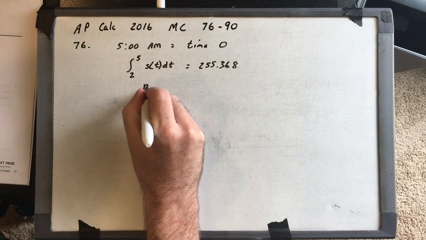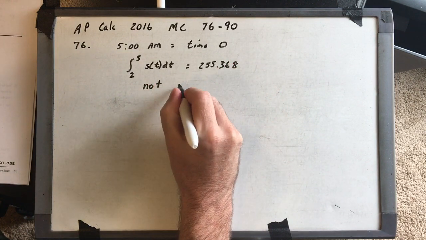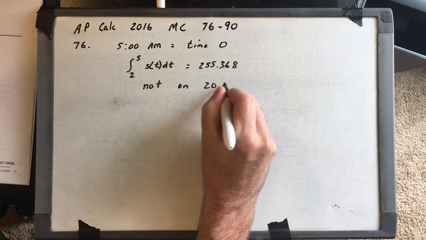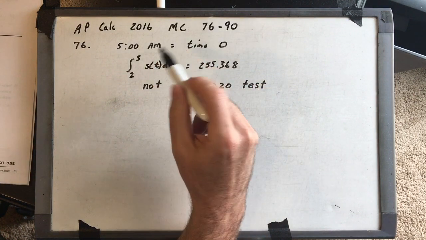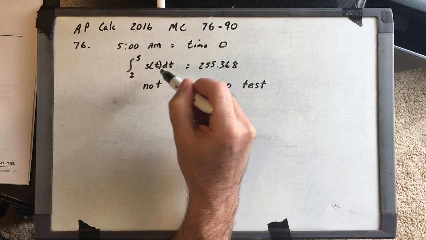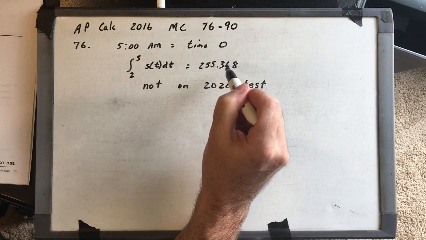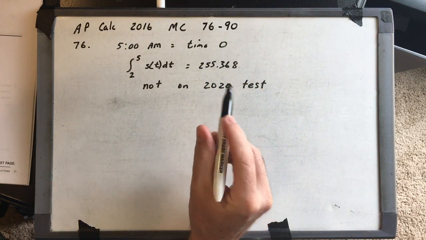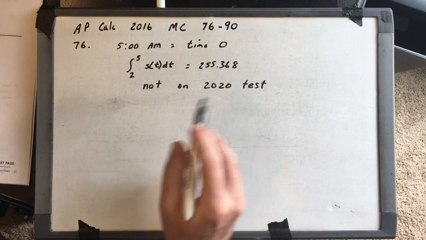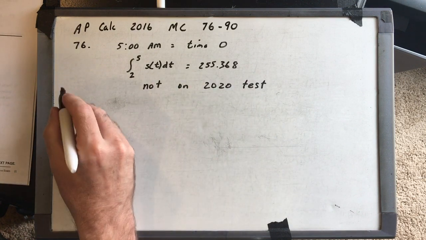But this kind of problem, the accumulation of things using integration, is not supposed to be on the 2020 test. Still, I wanted to give you a quick explanation of how to do it.